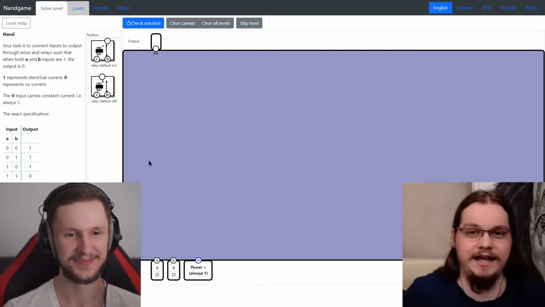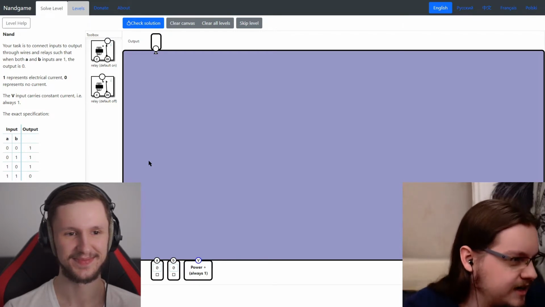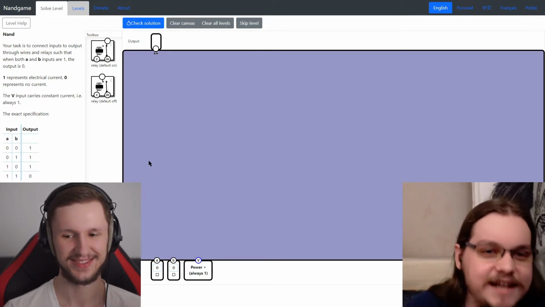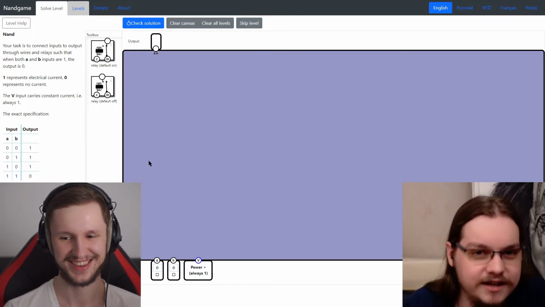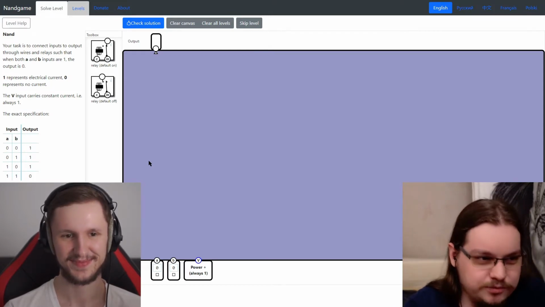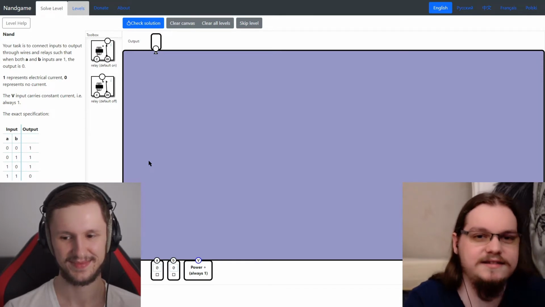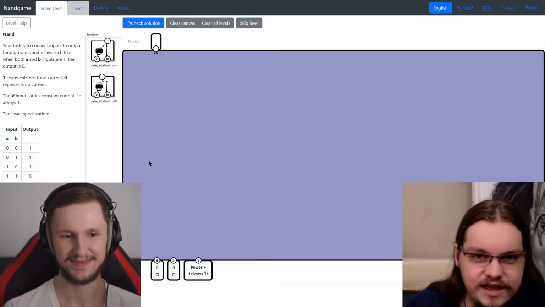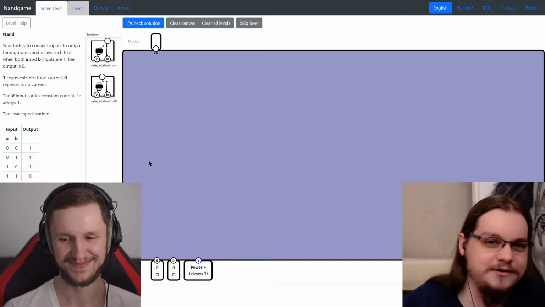NandGame is all about NAND, and first of all, we're gonna build a NAND gate. Now, what is a NAND gate? I think that is the first question. So for those that don't know, we're dealing here with Boolean algebra, or binary logic. That is how your computer functions. And so we're gonna use ones and zeros to get ones and zeros.